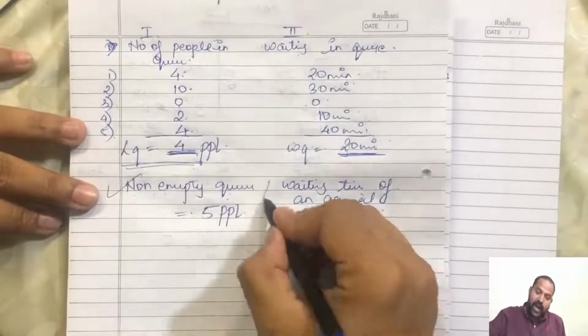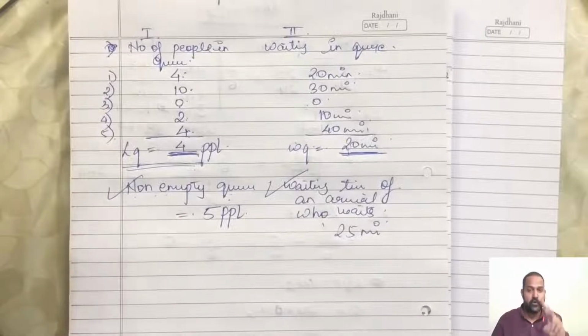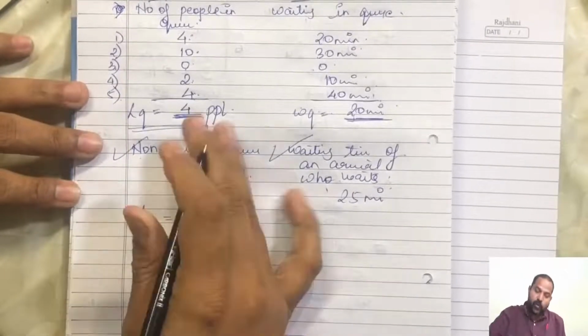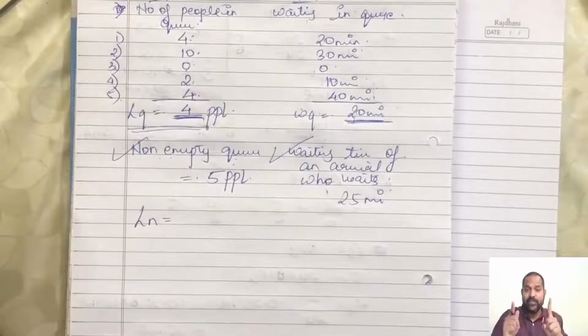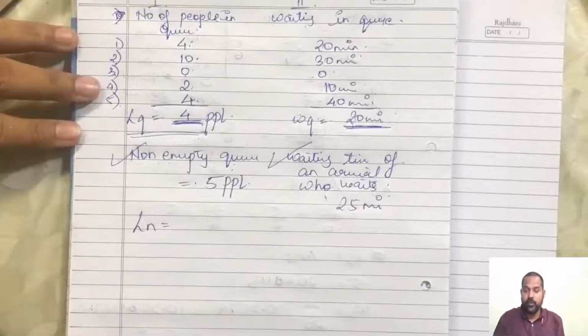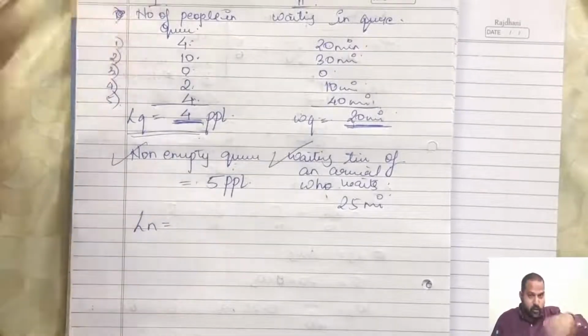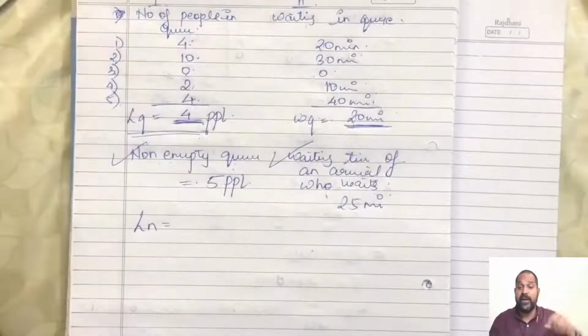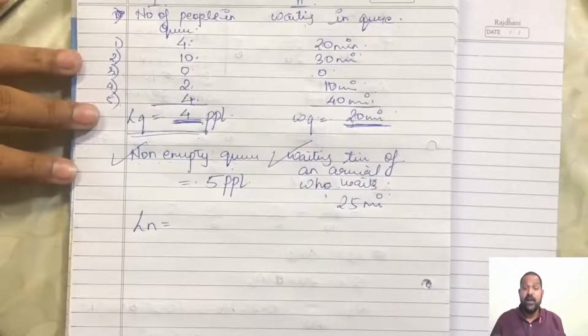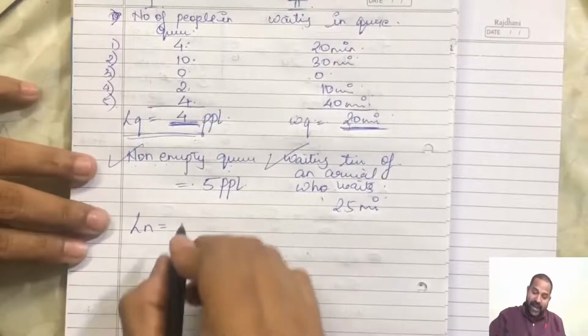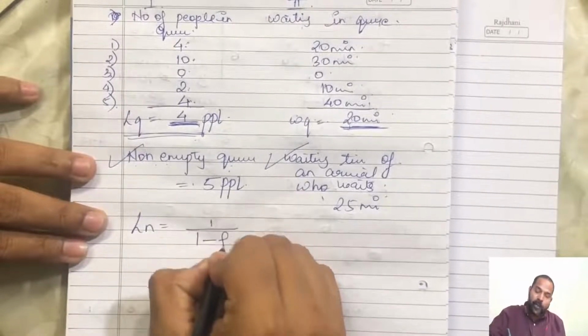And these were the last 2 concepts that I told you. We are going to do 2 more formulas, and these are it. And that is Ln. What is Ln? Ln is the length of a non-empty queue. Every queue, there is a chance that there was a point where there was nobody in the queue. The person who came in directly went in for service. If you don't want to consider those points, then the formula is Ln is 1 upon 1 minus rho.